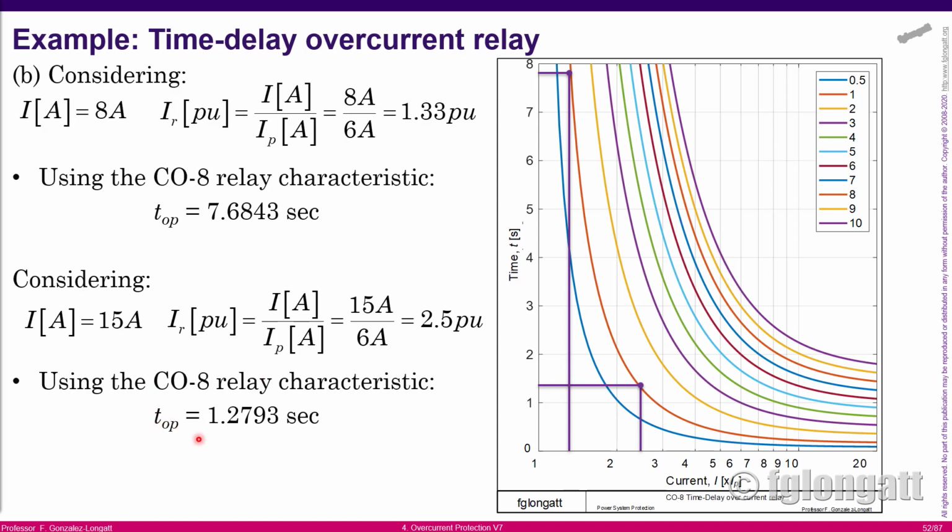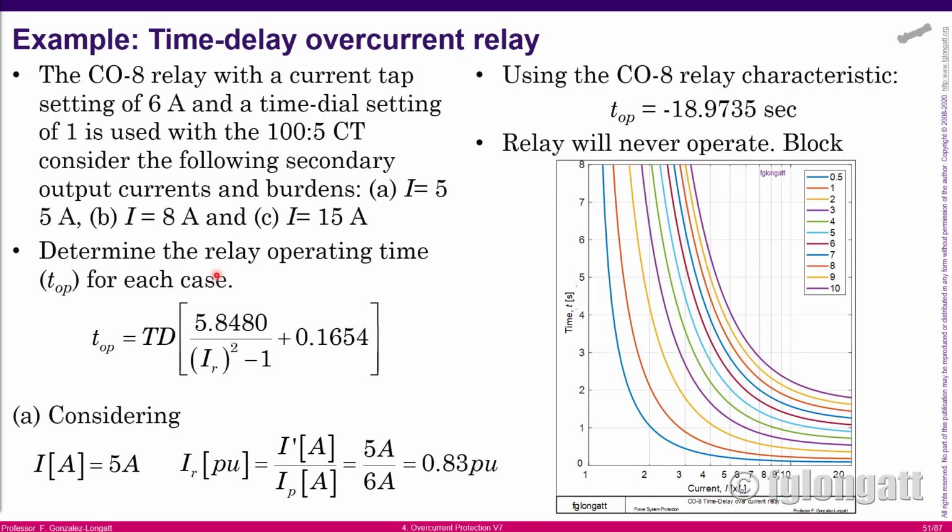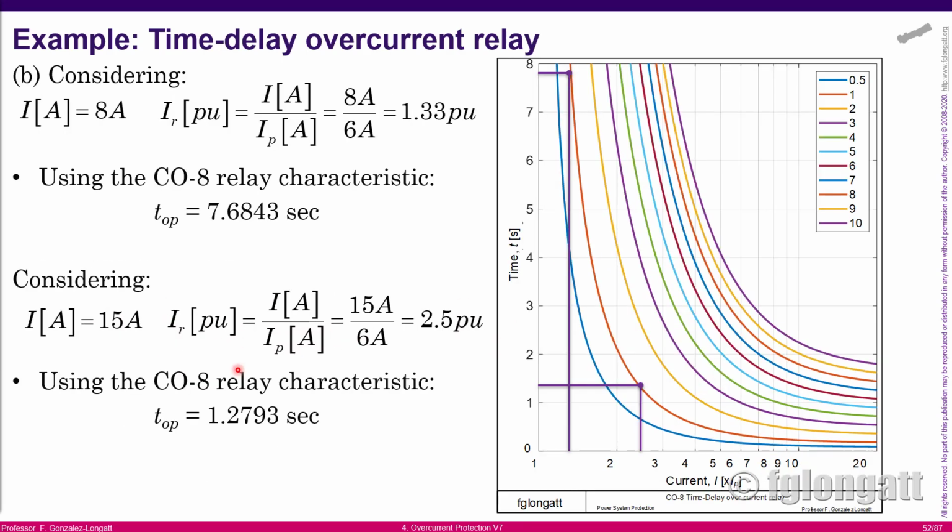In this case, the operating time is 1.27. Again, I have used the equation that I provide to you here, the equation for the CO8 relay using the time delay and using the per unit current. Okay. I hope this example allows you to understand the settings. I mean, the pickup current, how we use the pickup current, and also the time delay.